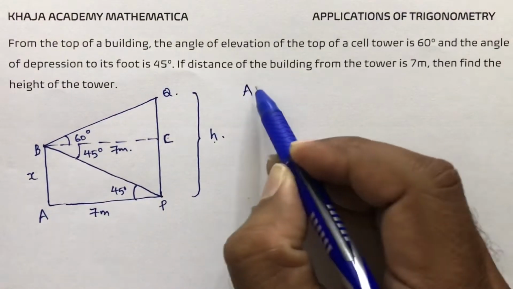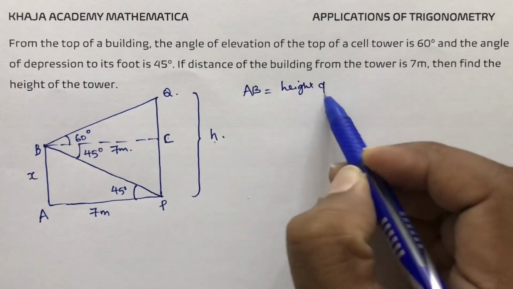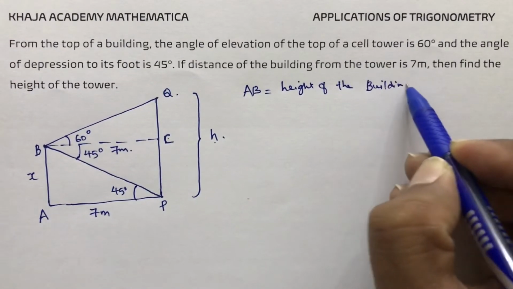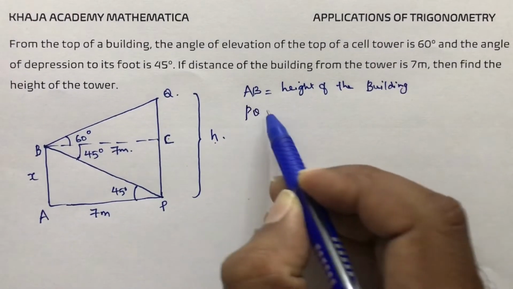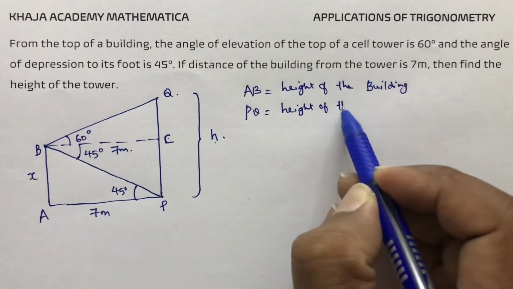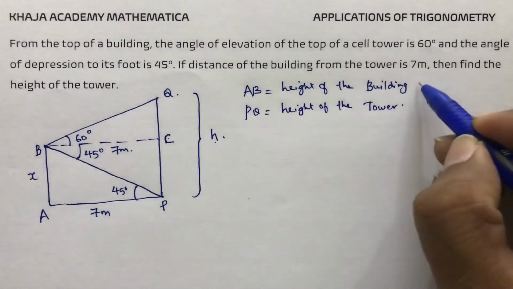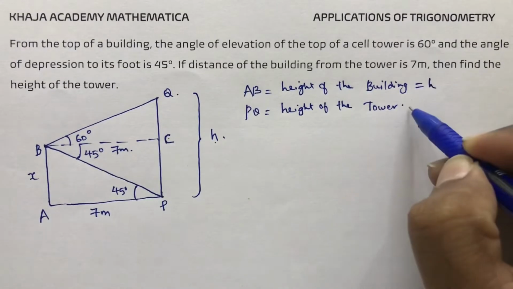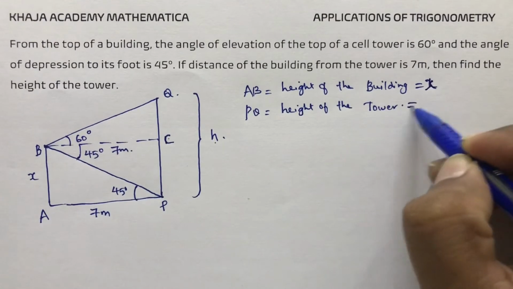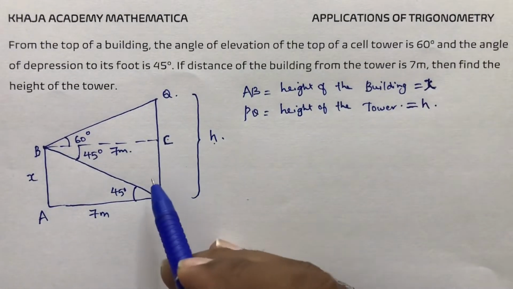Here AB is the height of the building, and PQ is the height of the tower. So the tower I consider as H, and the building as X. Now see, I'll take the triangles.